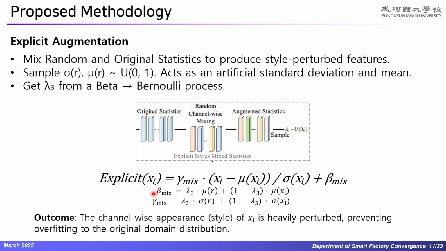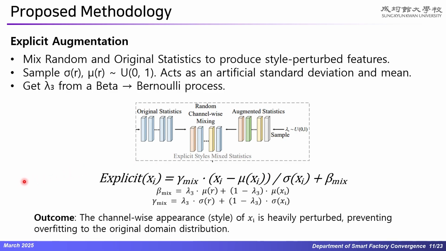Now, beta mix and gamma mix here represent the statistics of artificial perturbation, such that it's either heavily dependent on artificial mean and standard deviation, which is this part here with the R, or the original image's mean and standard deviation, which is here with the x_i. How much it depends on the lambda value. We then use these perturbations to normalize the features, which is the formula here.